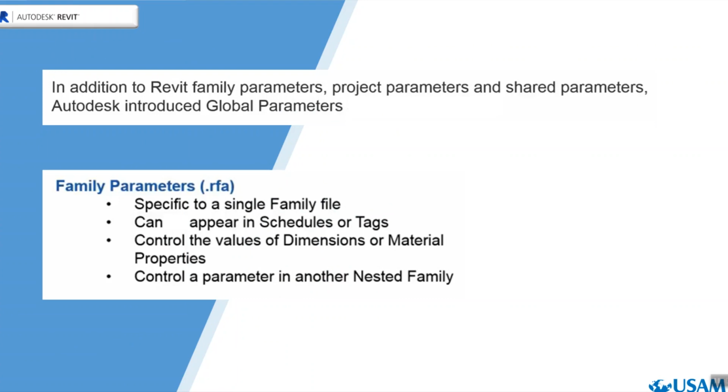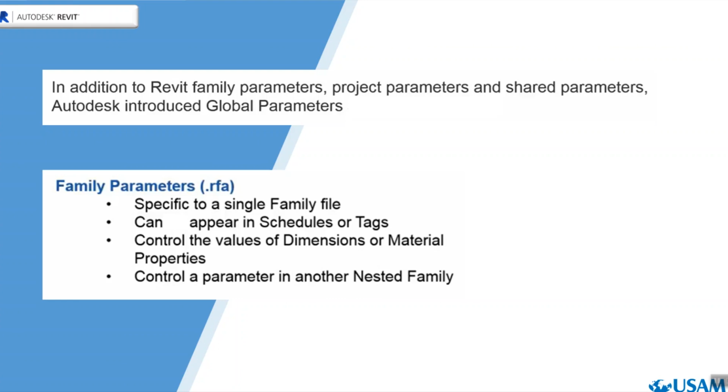We introduced the global parameter a few years ago, because all the above parameters work inside the library. If I want to add a fire rating for my door, or a grade of concrete for a column, I can add it through project parameter and shared parameter.